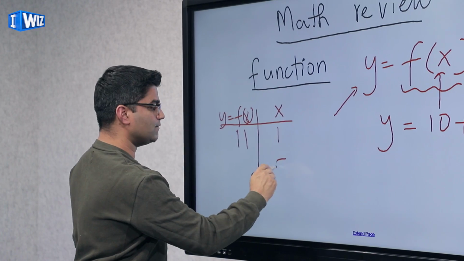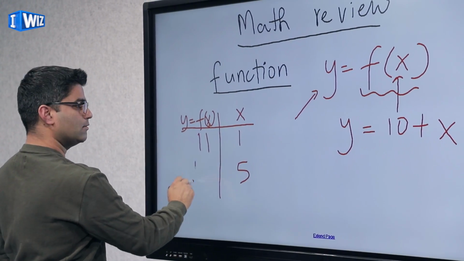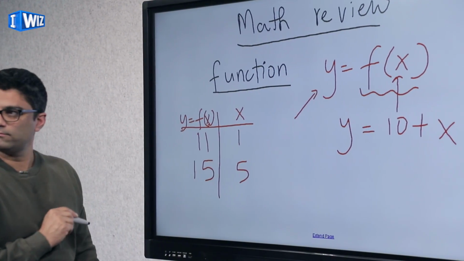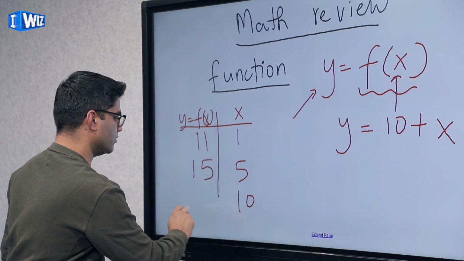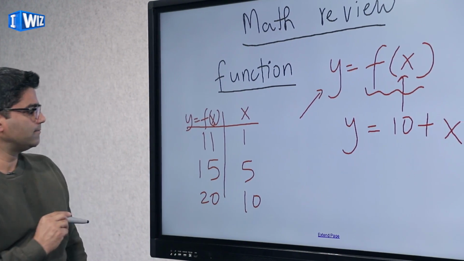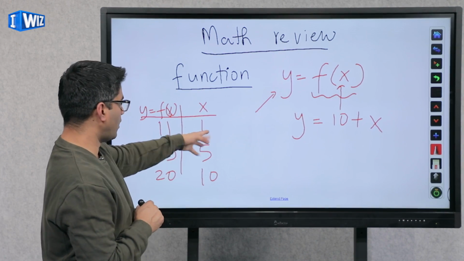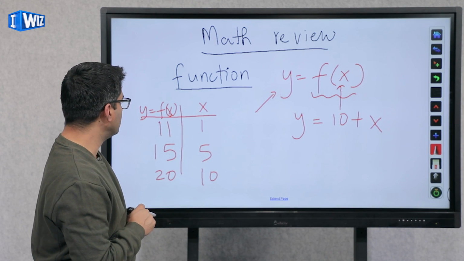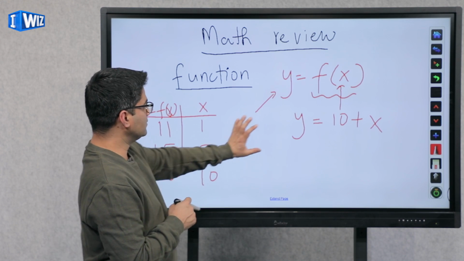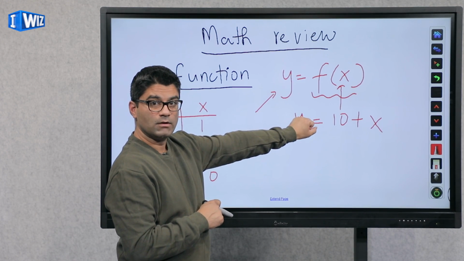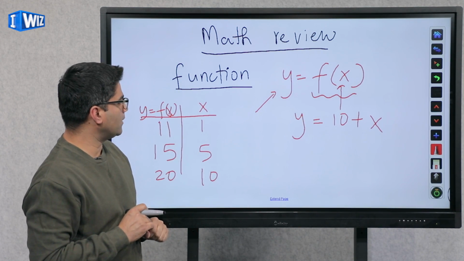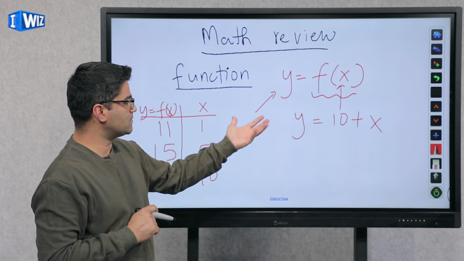If x is 5, you know y is going to be 15. And if x is 10, y is going to be 20. So you're putting in some values for x, 1, 5, or 10, and then you're consequently getting the outcome, which is y. That's what it means to say y is a function of x.